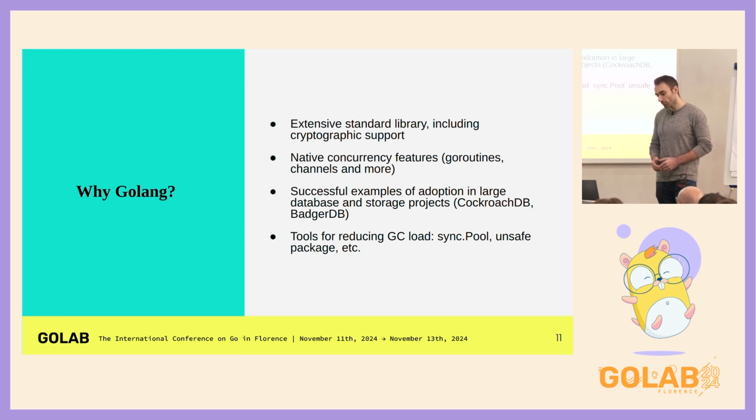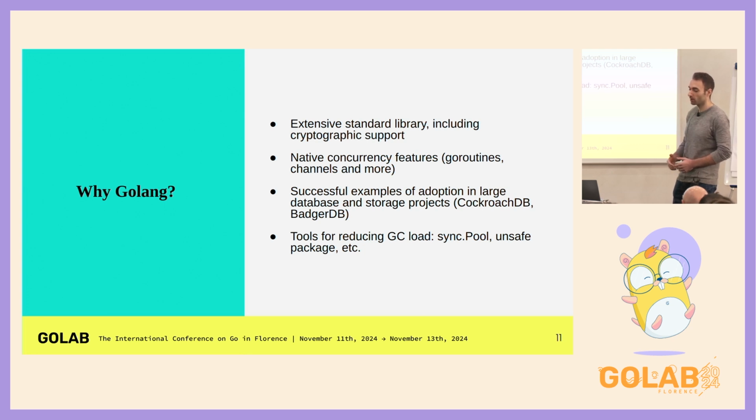Moreover, when talking about garbage collection, Golang also provides some ways to put some pressure off of it. We will explore some of them later in this talk, such as sync.Pool, the use of the unsafe package, and so on.